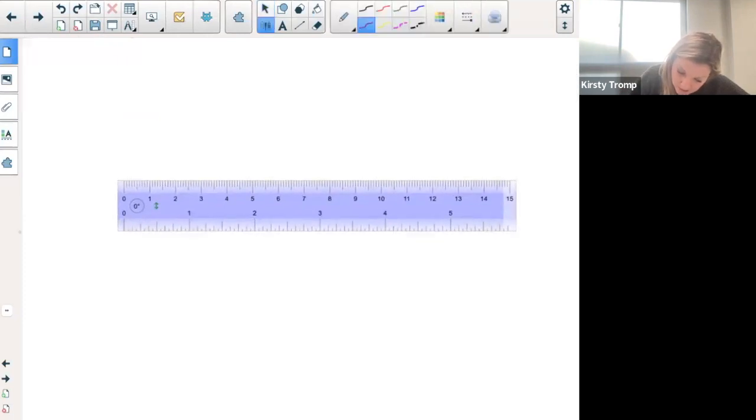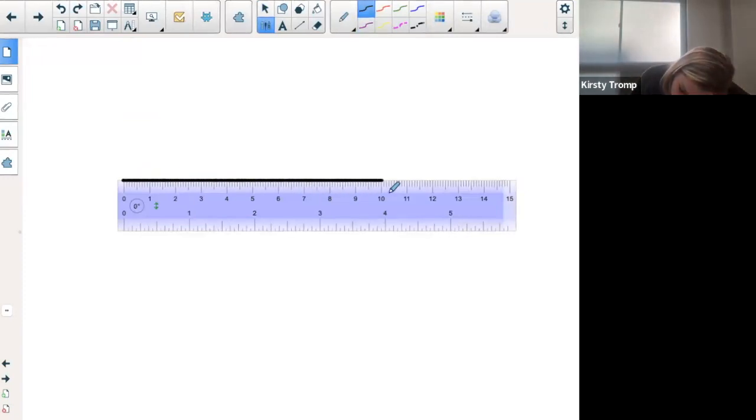I'm going to go from 0 all the way to 12. It's a line segment, so I don't have to do an arrow on either side. It has a start and it has an end. Always, if they've asked you to draw a line, use a ruler.